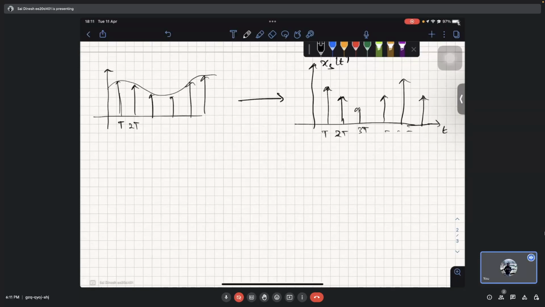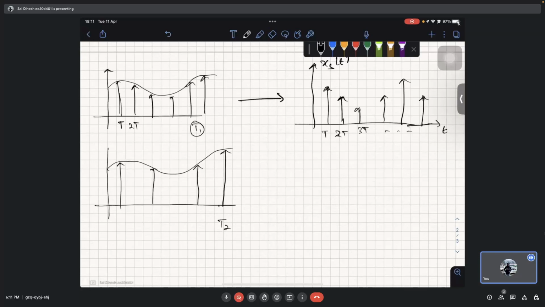So this can be T1 and let's say this is T2.